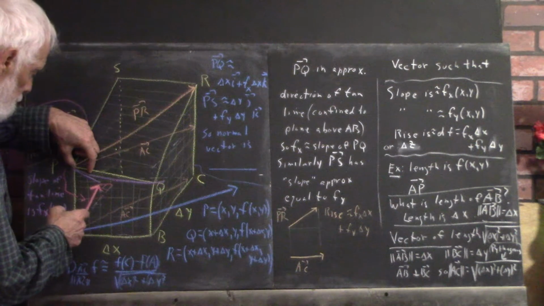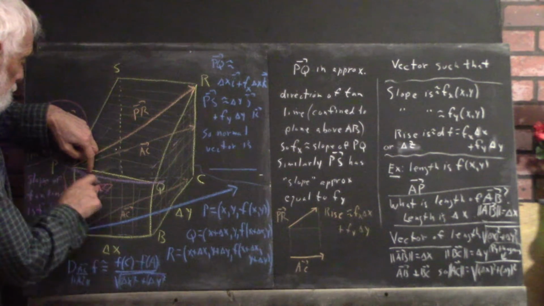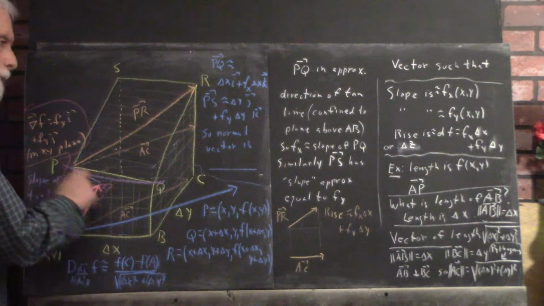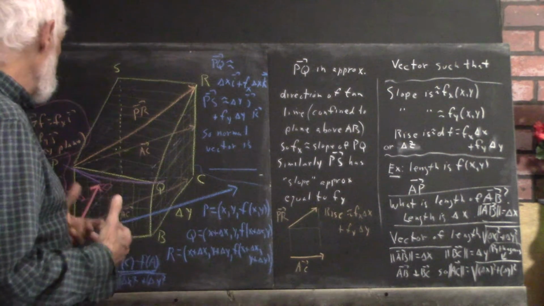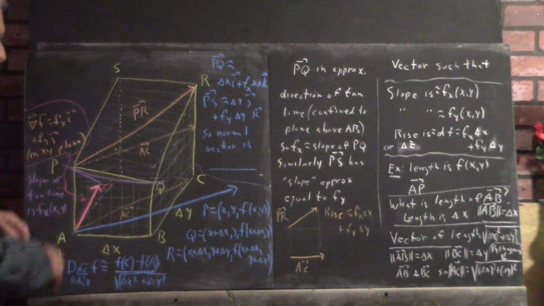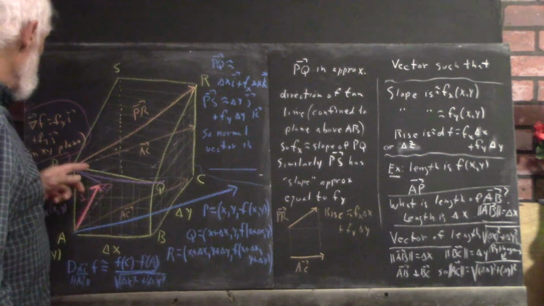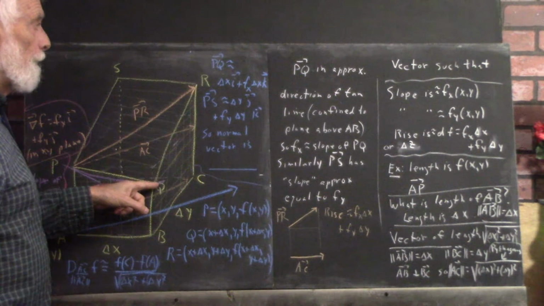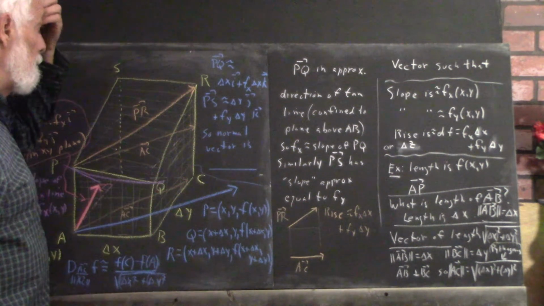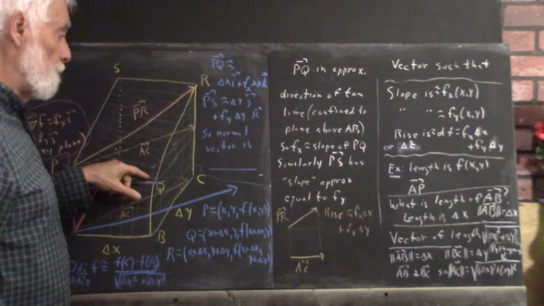When the Q point gets about here, the slope of this segment is much closer to the slope of the tangent line, and the limiting value of the slope of the segment as delta x approaches 0 is the slope of this tangent line, because that's the way the slope of the tangent line was defined. So it's the vector PQ that approximates the tangent line. A vector such that the slope is fx of xy would be the vector PQ.